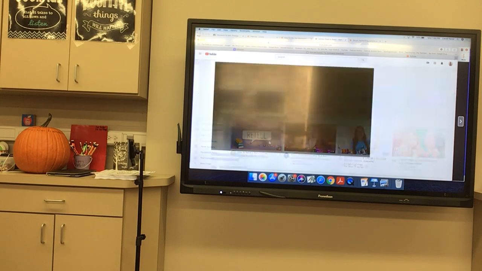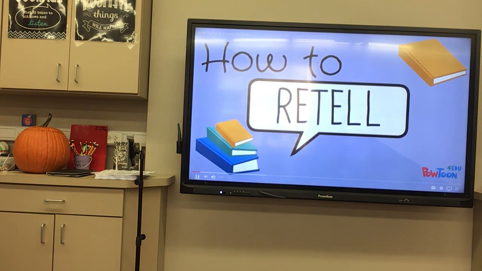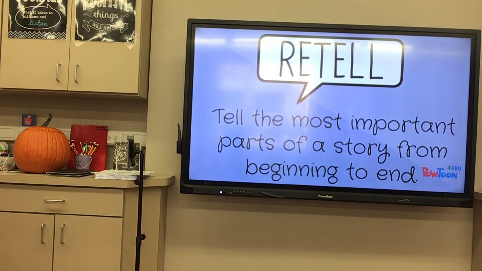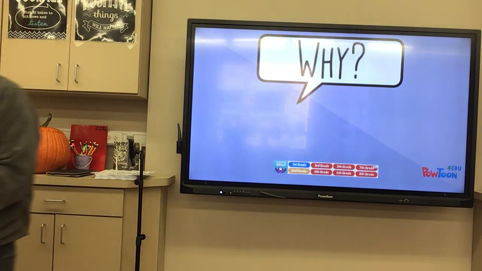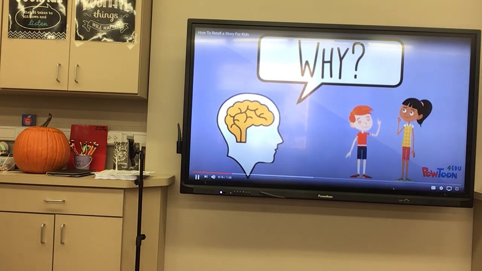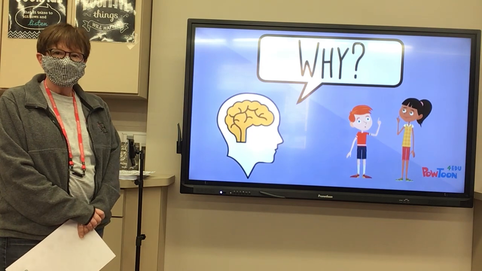How to retell a story. Retell means to tell the most important parts of a story from beginning to end. We often retell stories to show that we understood it. Sometimes we retell a story just for fun because we want to tell our friends about it.